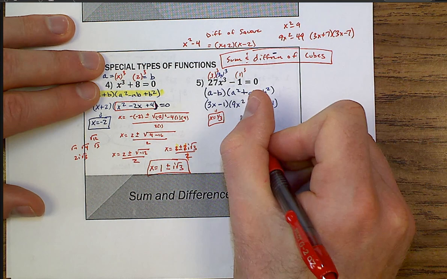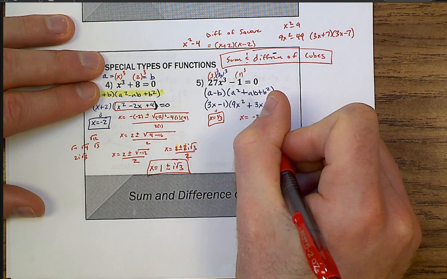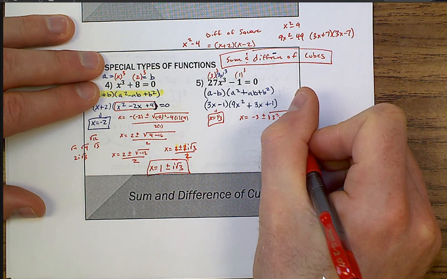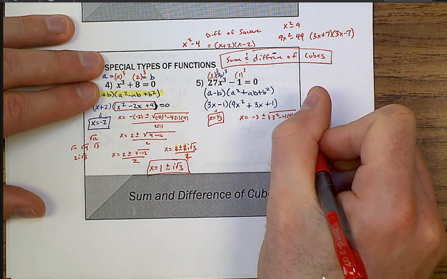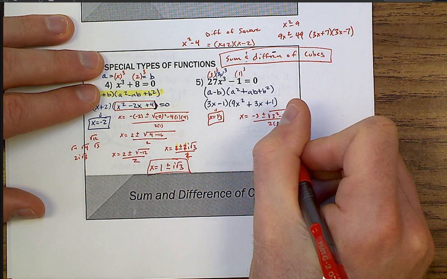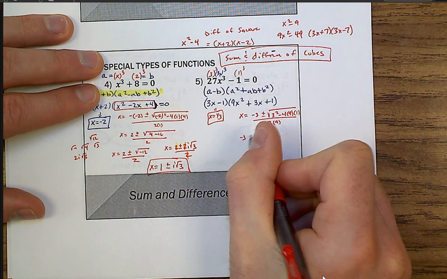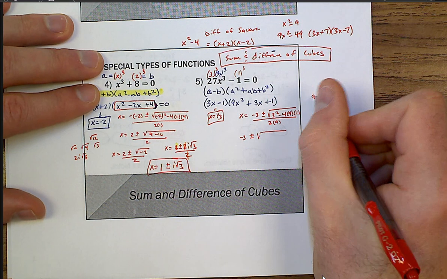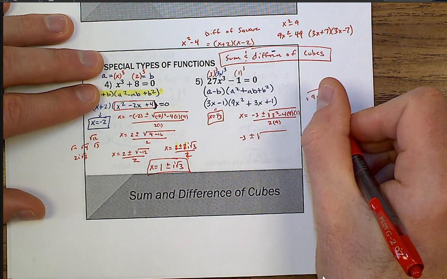So we'd go x equals -3 plus or minus the square root of 3 squared minus 4 times a times c, all over 2 times a, which is a 9. So you get -3 plus or minus the square root of, basically inside you're going to get 9 minus 36, right?